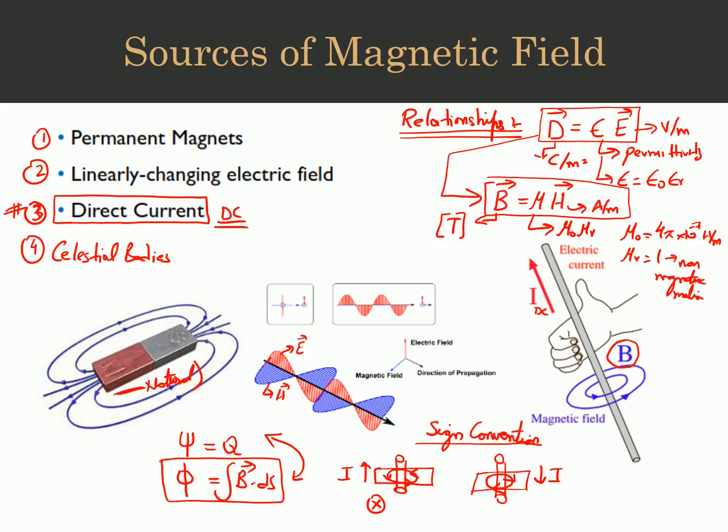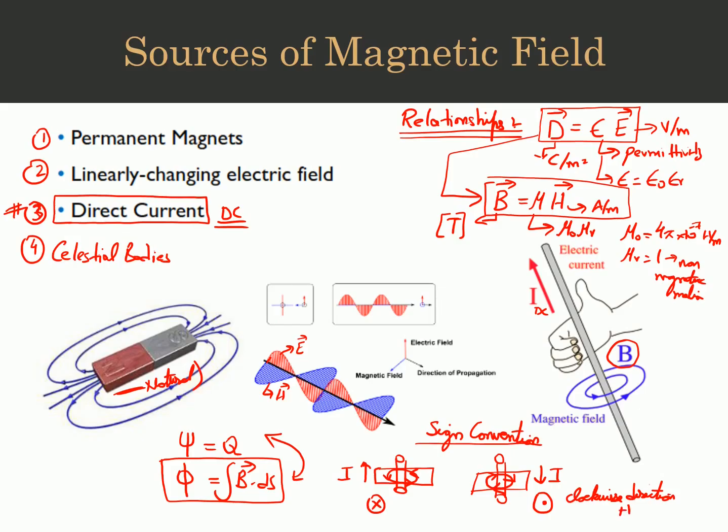We say that the current is entering into the page or the screen, so it is represented by an X. This is the convention which the textbook by Hayt and Buck is utilizing, and we are going to stick to the same. So if the current is moving downward, we say the magnetic field is in the clockwise direction.